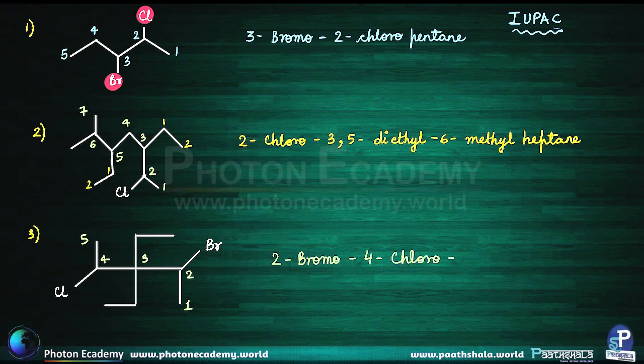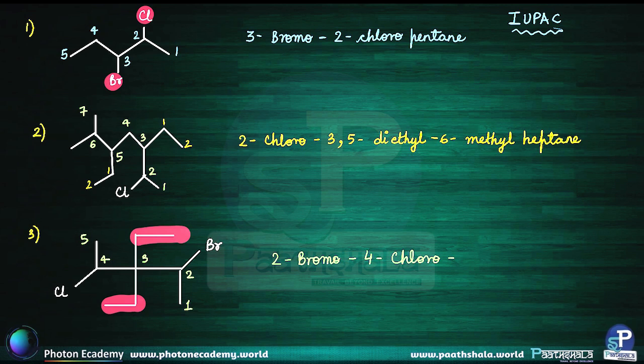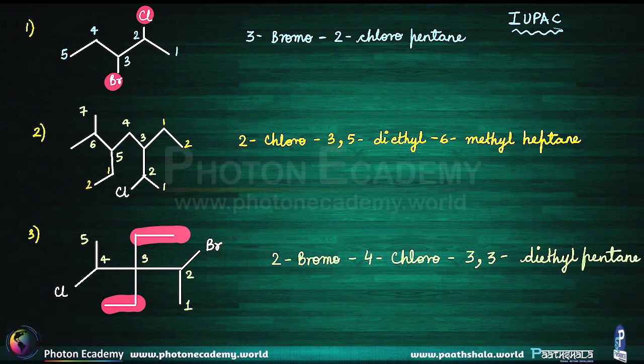And then at 3 we have two groups, one group is over here and the other group is over here. These two, having two carbons, are ethyl, so at 3,3 we have diethyl, and this is a 5-membered chain, so we call it pentane. So this is the IUPAC name of this particular compound.